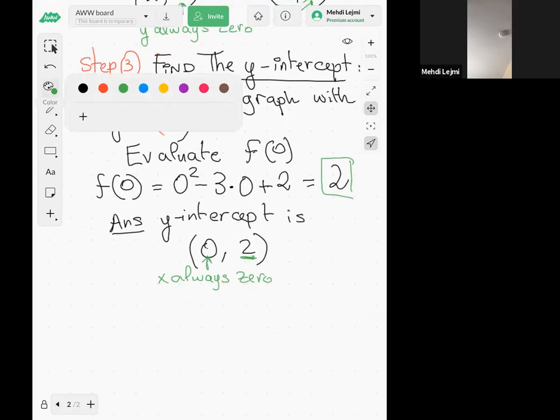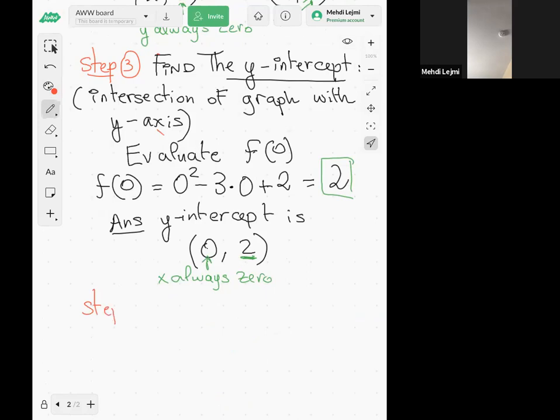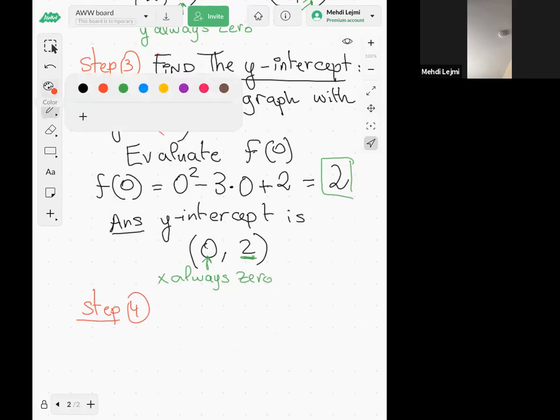the axis of symmetry. So remember, guys, we had an axis of symmetry. So in step 4, we need to find the axis of symmetry, but the axis of symmetry would be a vertical line which passes through the vertex, right? So the equation of the axis of symmetry is just the same as for the vertex. It's x equal to minus b over 2a.